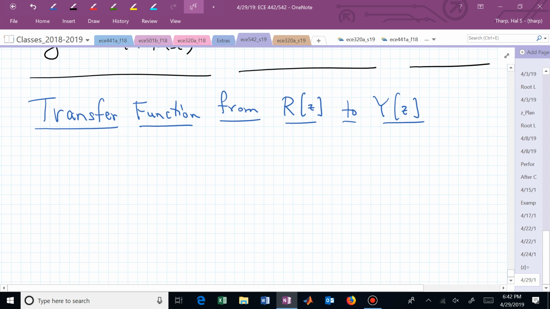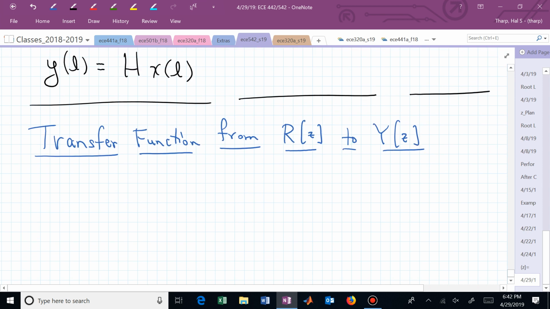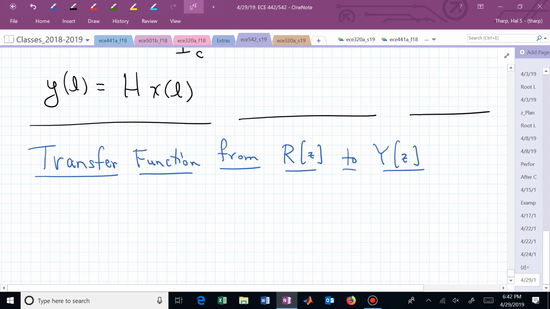And again, you know how to do this. What if I now Z-transform this output equation? This is a review for the final. What's the Z-transform of Y of L is equal to H X of L? This one is shift happens, isn't it?